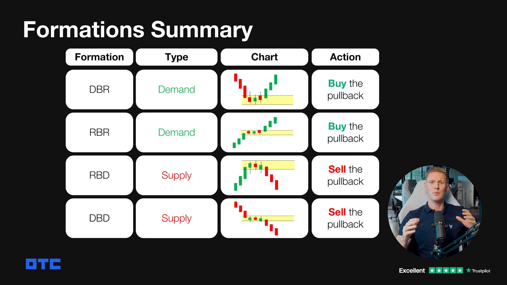We use them to buy when price returns to the base. Inversely, our supply formations are either a rally-based drop or a drop-based drop. We sell or short the asset when price returns to the base. To make it even more simple, buy in demand zones and sell in supply zones. This is our bread and butter.